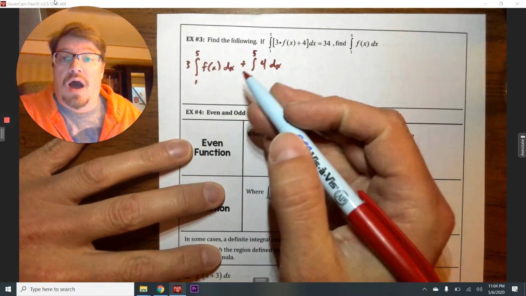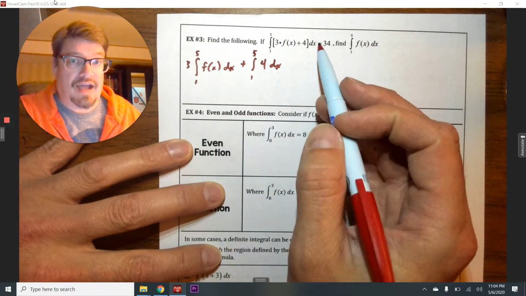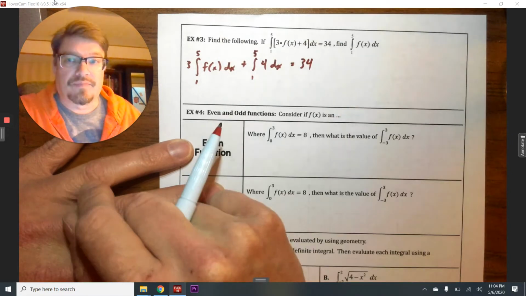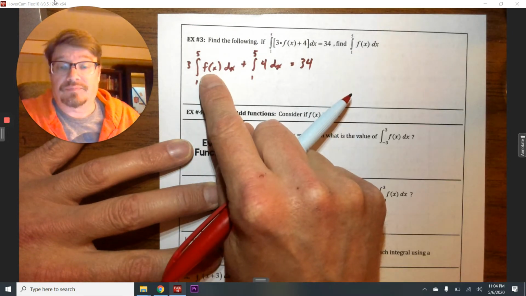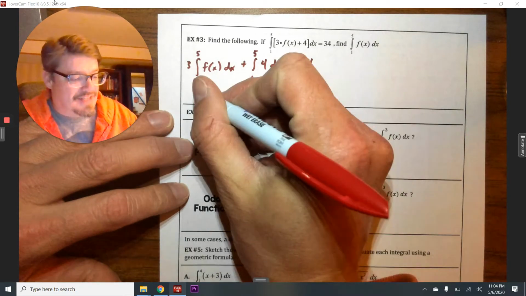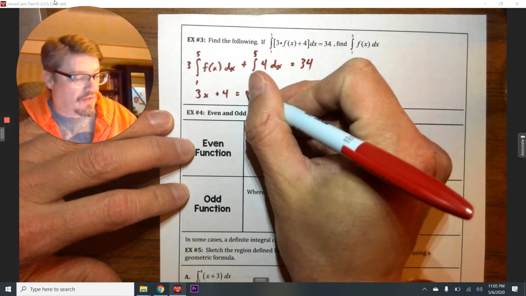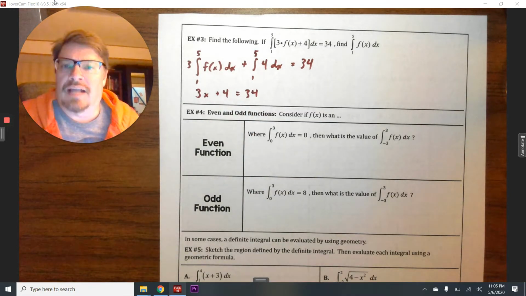And so I actually want to solve for this right here, because I know this whole thing equals 34. But I want to know what this part isolated is. So for a second, imagine this plus 4 equals 34. That's really what we're after here.